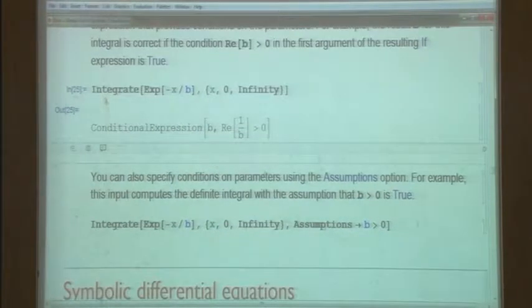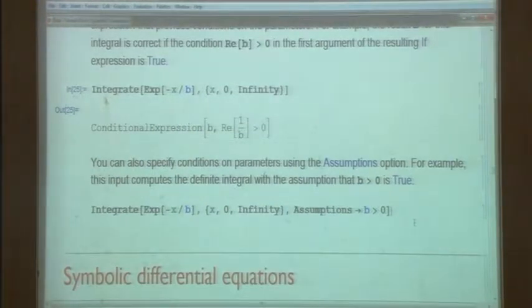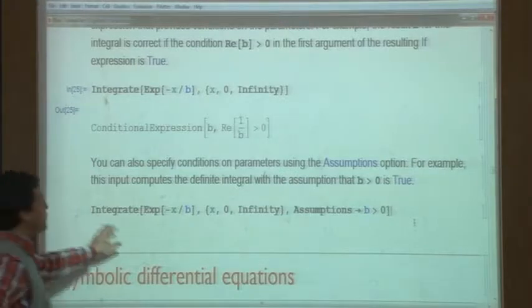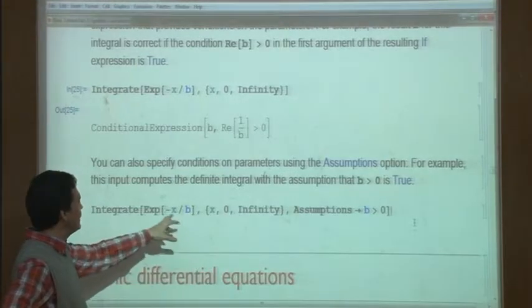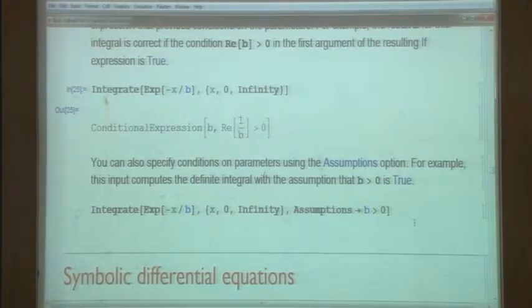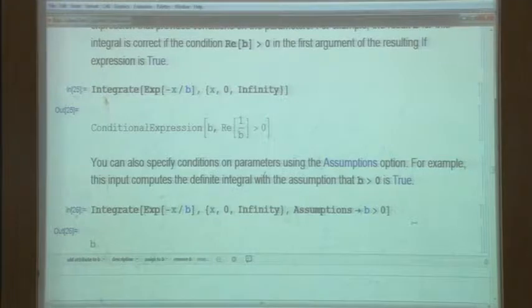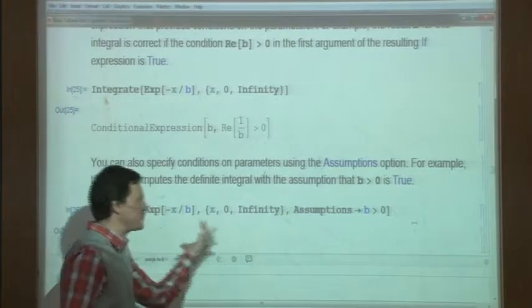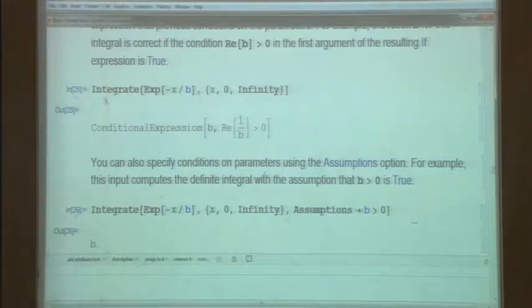Well, we can put it like this. We can enter an option in Integrate saying that my assumption is that this b is greater than 0. So, directly, what would be the solution then? b, right? Because I'm taking into consideration now the assumption right away. I'm saying the assumption is b greater than 0, so Mathematica directly tells me the solution that I'm looking for.